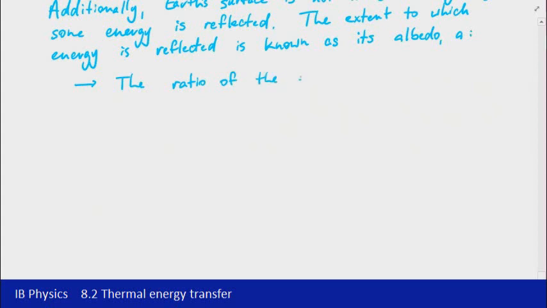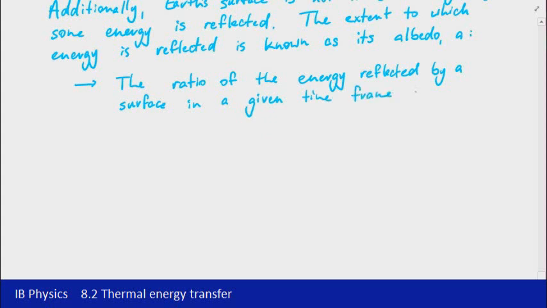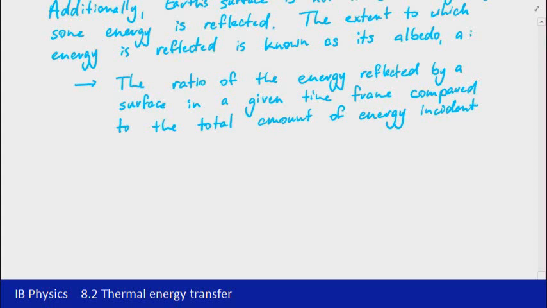So it's the ratio of the energy reflected by a surface in a given time frame, compared to the total amount of energy that's incident on the surface in that same time. So note that again it's a ratio, it doesn't have any units.